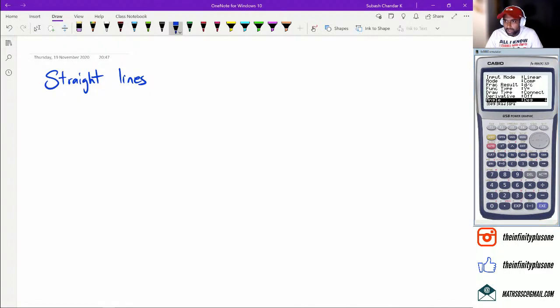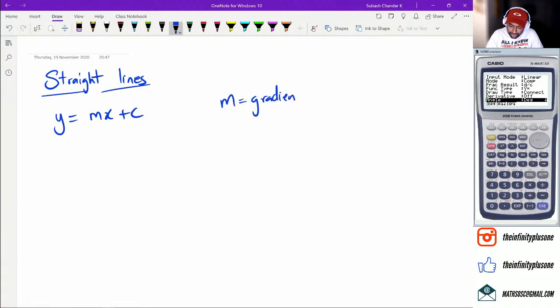Okay, going into straight lines, if in doubt, I always say remember these things. You've got your y = mx + c, and let's say you're struggling to put those two things together off the top of your head. Basically, the m ends up being your slope, and the c ends up being your y-intercept.